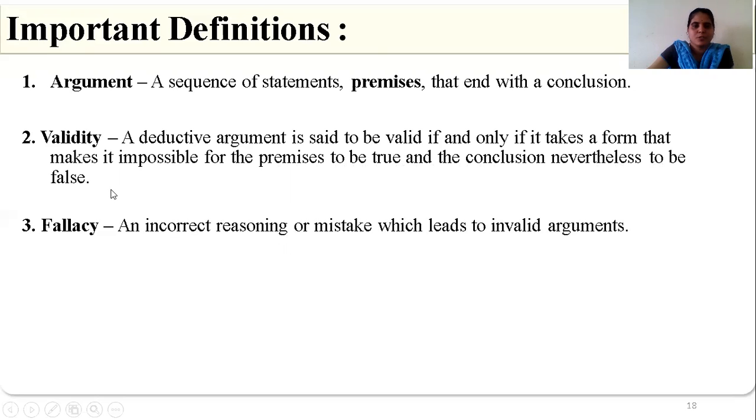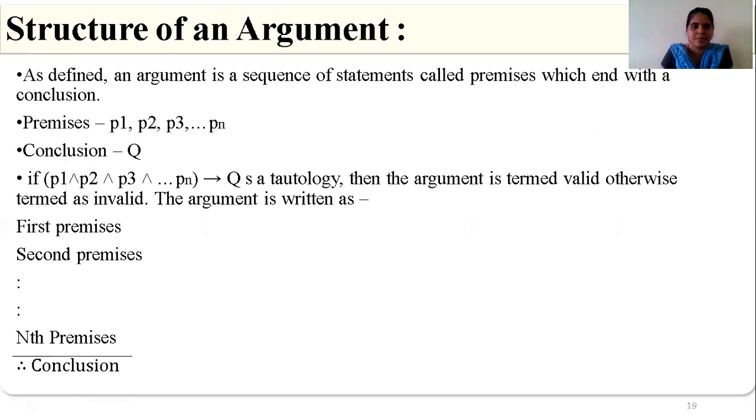If the premises are true, definitely the conclusion should be true. Such arguments are called valid arguments, and that is the validity of the argument. Falsity refers to incorrect reasoning or mistakes which lead to an invalid argument.